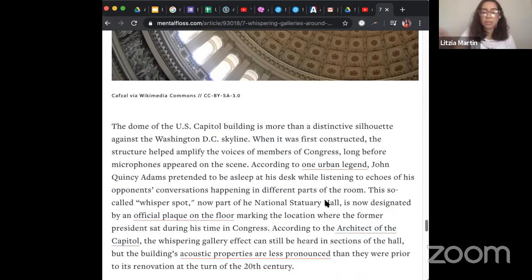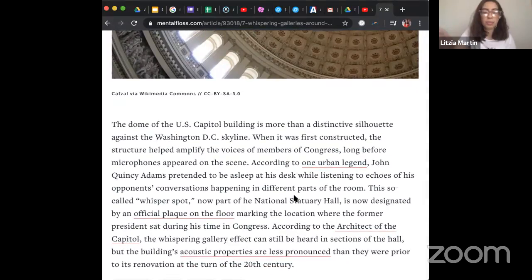I like this little story here about John Quincy Adams. It says the dome of the US Capitol building is more than a distinctive silhouette against the Washington, D.C. skyline. When it was first constructed, the structure helped amplify the voices of members of Congress long before microphones appeared on the scene. That was pretty cool, actually. They had that in mind, that they wanted the sound to travel.